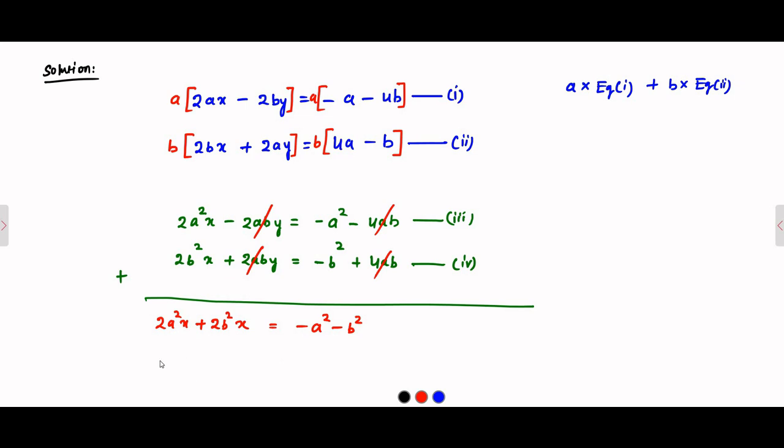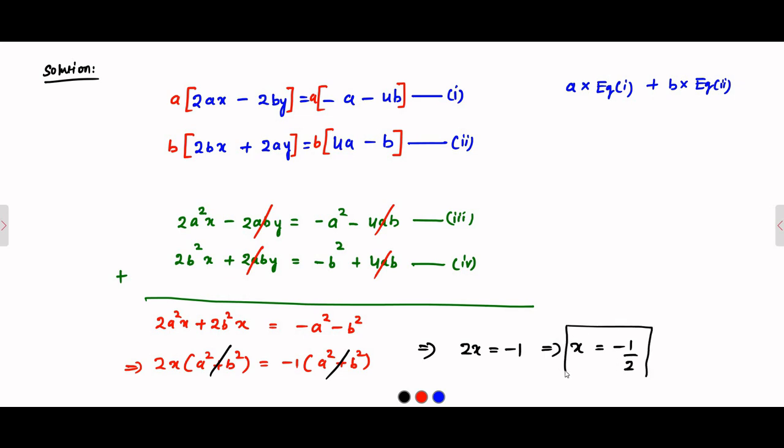Okay, that implies if we take 2x common, 2x into (a square plus b square) is equal to minus 1 into (a square plus b square). So here on both sides a square plus b square gets cancelled. That implies we have 2x is equal to minus 1. So that implies x is equal to minus 1 by 2. Okay, x we have got minus 1 by 2.